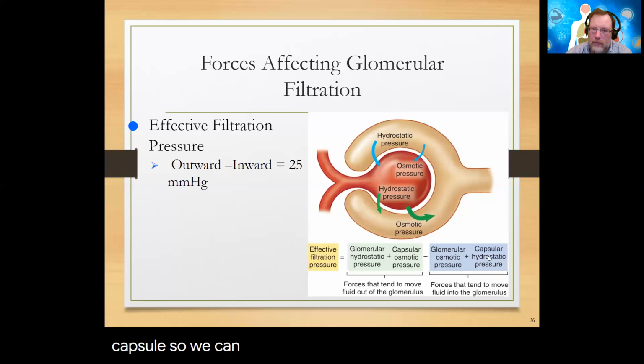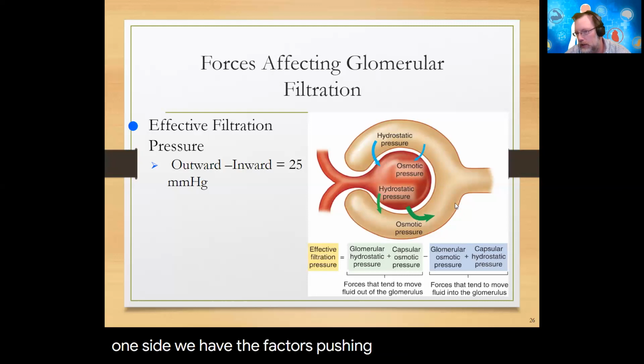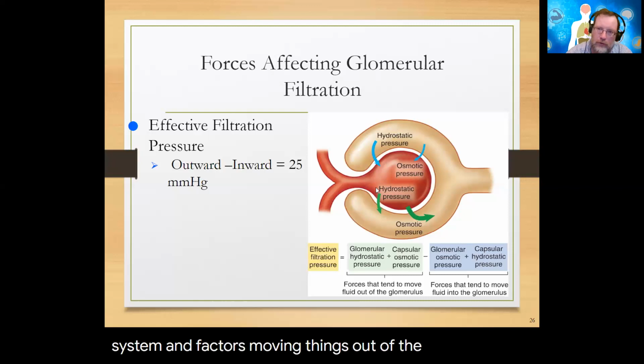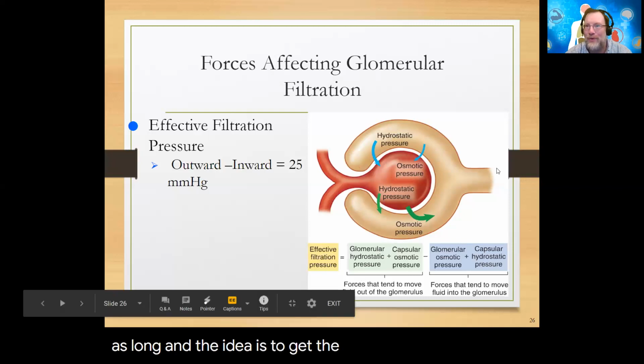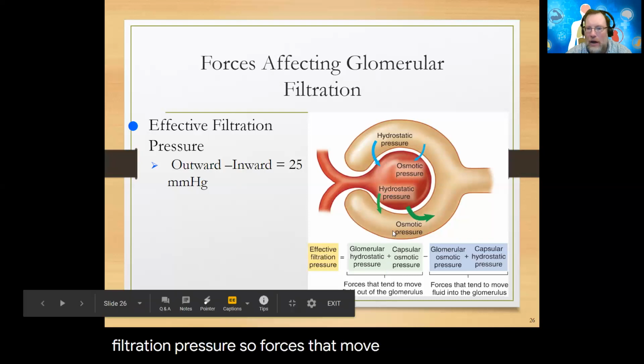So we can add the forces that move fluid back into the glomerulus on the other side of the equation. So on one side we have the factors pushing things into the tubular system and factors moving things out of the tubular system. The idea is to get things out of the bloodstream, at least to some degree. So we call this effective filtration pressure. So forces that move things out of the glomerulus tend to be higher than the forces pushing things back in.